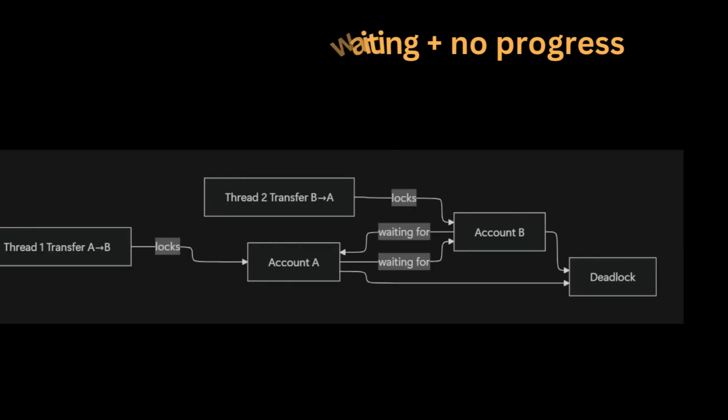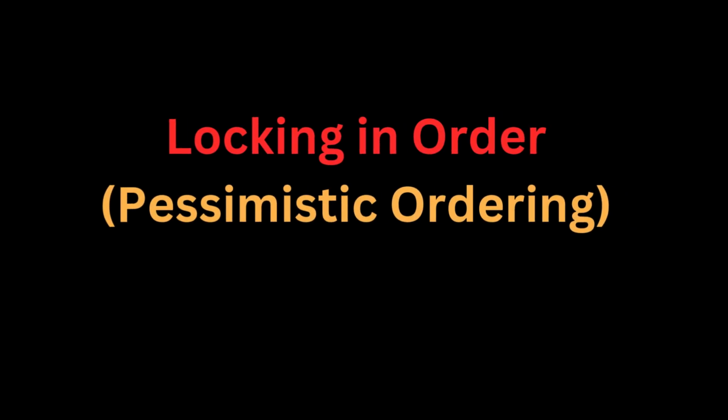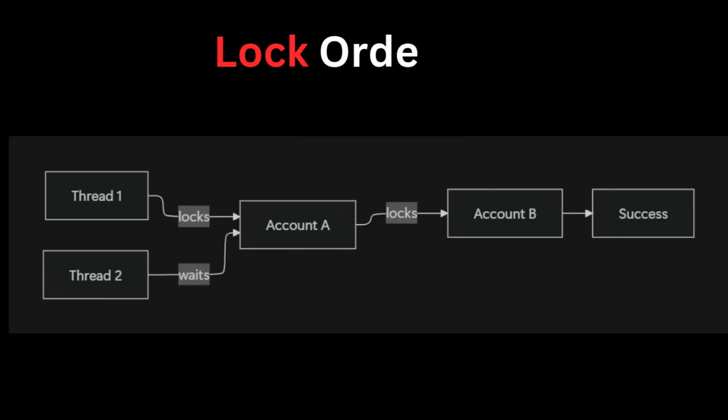Now what is the solution? We can resolve this issue by locking in order. In real-world scenarios, big applications use lock ordering to resolve the deadlock issue. So instead of locking based on who is the sender, we lock based on the account ID.